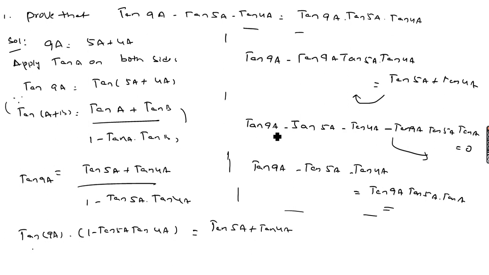That is tan 9a minus tan 5a minus tan 4a, and we have minus here, minus of tan 9a tan 5a tan 4a, and this minus is converted into this side, we get plus. So finally we get that tan 9a minus tan 5a minus tan 4a is equal to tan 9a into tan 5a into tan 4a.